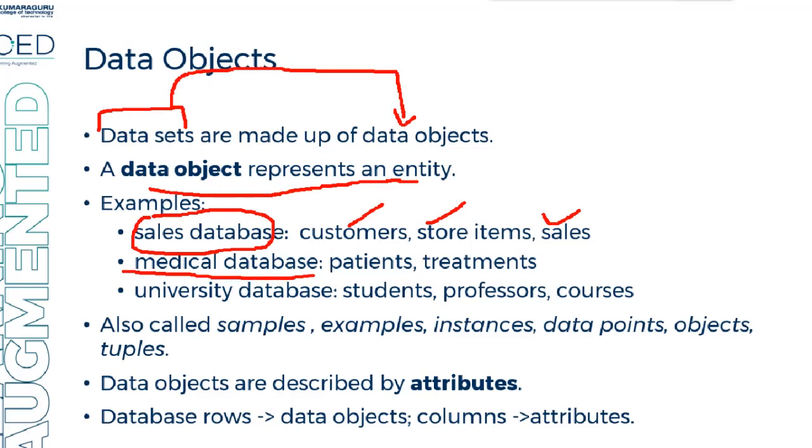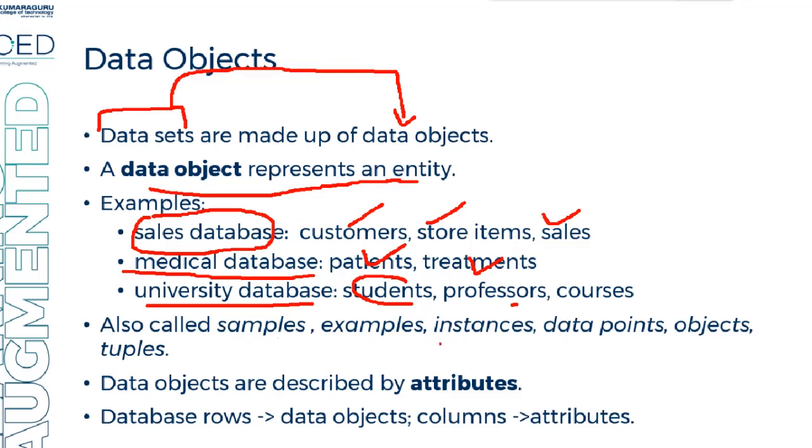A medical database contains information about patients and treatments. A university database contains the objects students, professors and courses. All are called samples, examples, instances, data points, and object tuples.